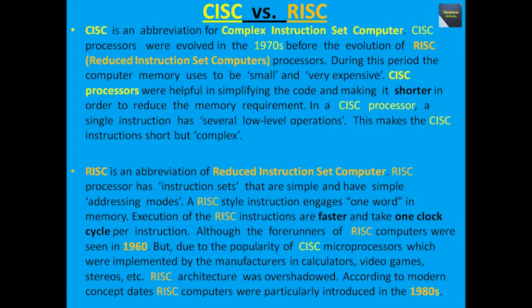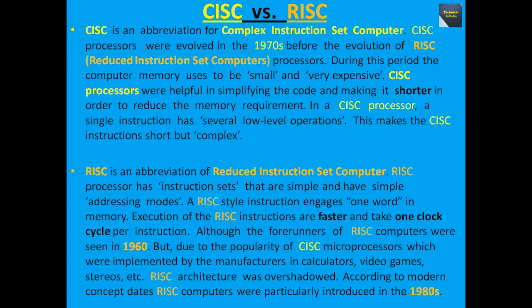During this period, computer memory used to be small and very expensive. CISC processors were helpful in simplifying the code and making it shorter in order to reduce the memory requirement. In a CISC processor, a single instruction has several low-level operations.